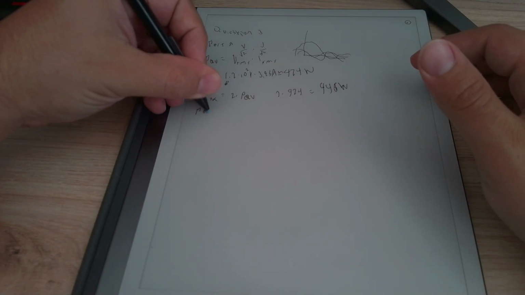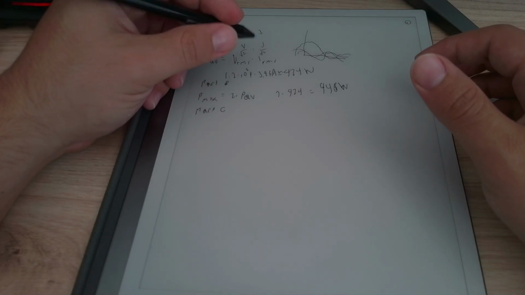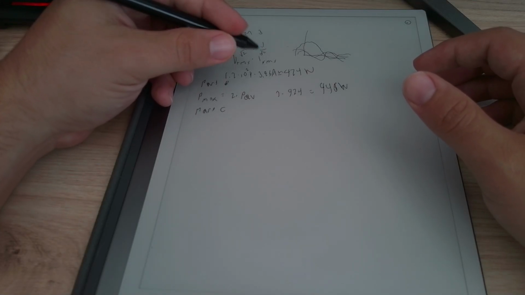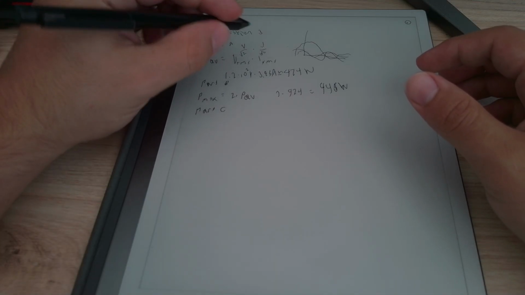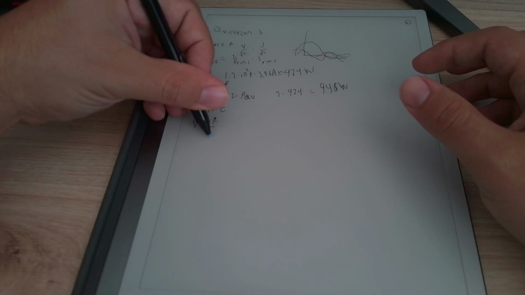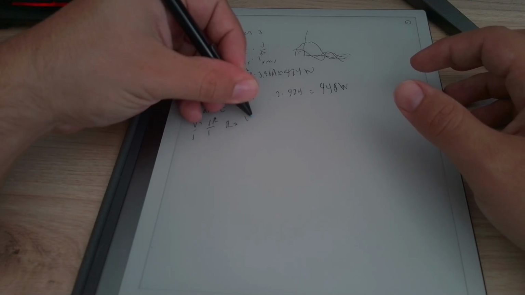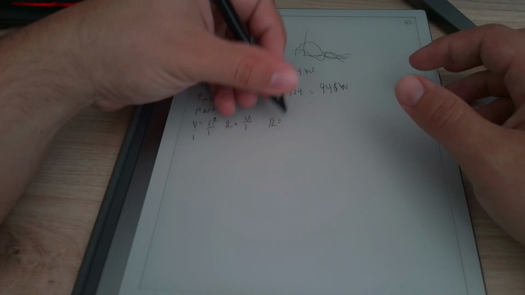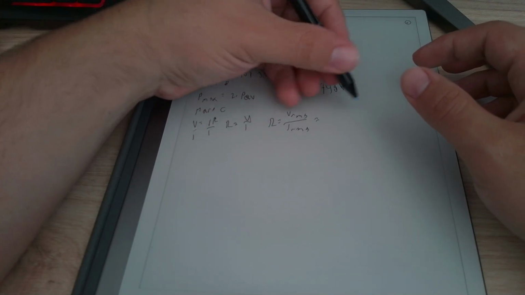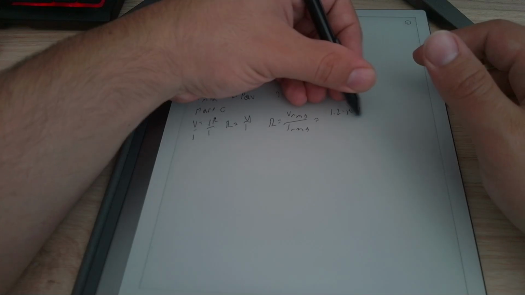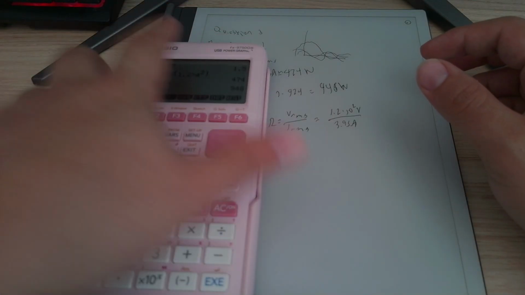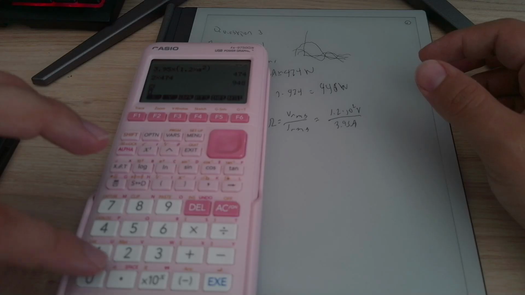For part C, we have to find the toaster's total resistance. Since we have a voltage and current, we can simply use our formula V is equal to IR, and then divide by I. So R is equal to V over I, where R will be equal to the RMS voltage over the RMS current. So we'll have 1.2 times 10 to the second volts per 3.95 amps.